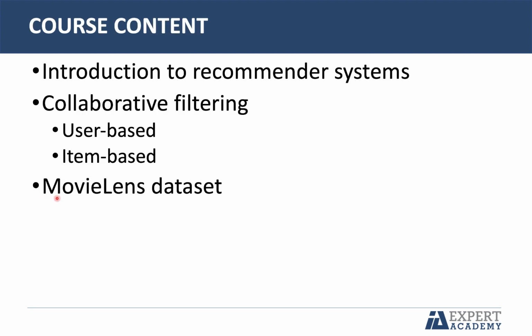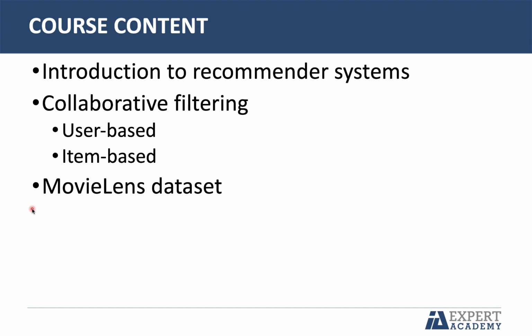Then, we will use one of the most famous datasets to test recommender systems, which is MovieLens, as you can read here. It contains real world and lots of data, so it will be very interesting to test the recommendations generated by our algorithm.